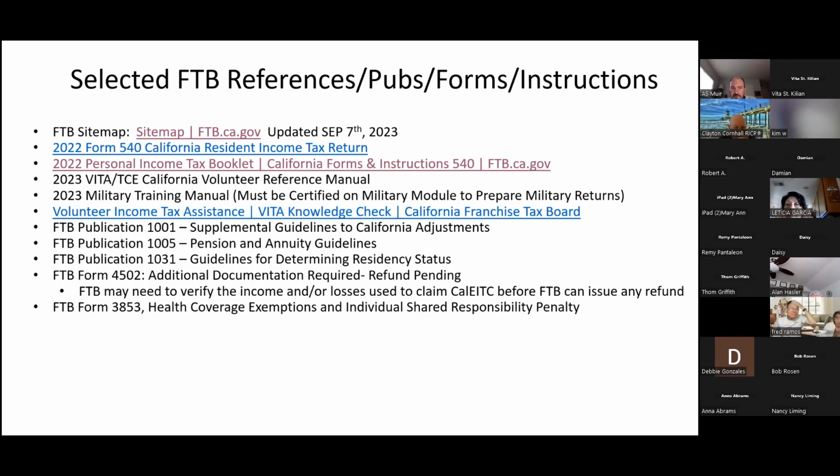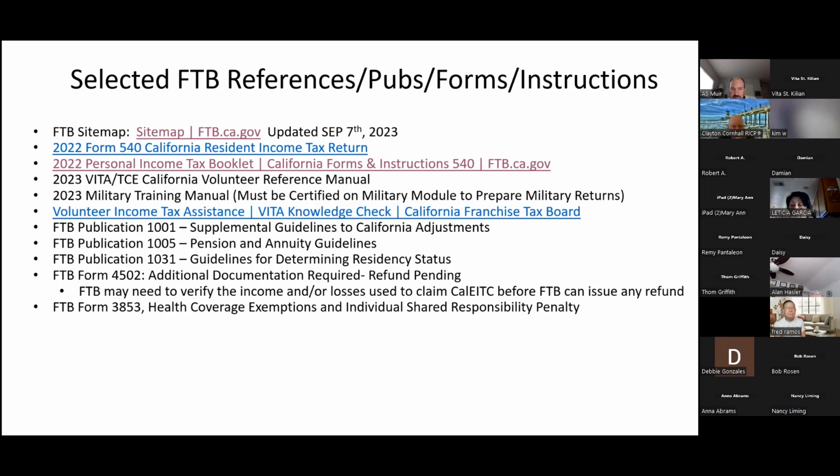The go-to document for a California return is the California Volunteer Reference Manual. The 2023 has been published, and I'll show you bits and pieces of it today. When you're at the VITA site, in addition to certain other documents, you want that loaded up on your computer, or you want to be able to access it. It does a pretty good job talking about California.